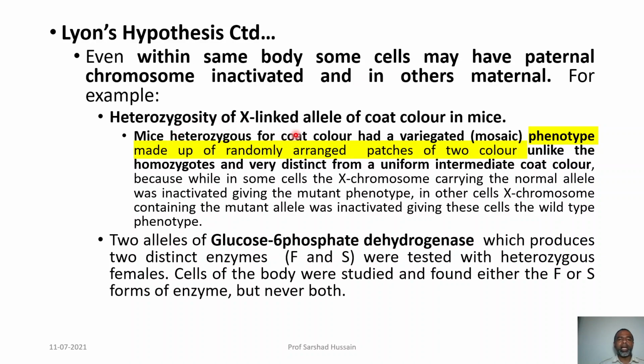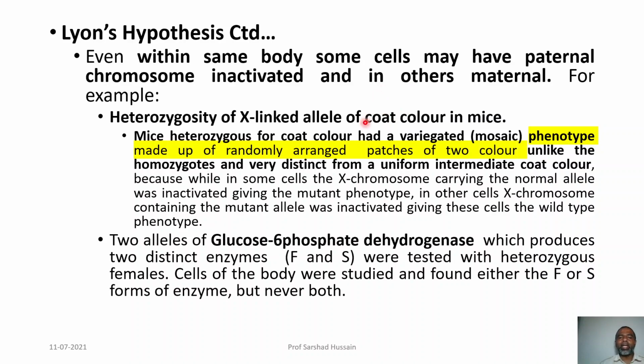So, heterozygosity of the X linked allele of coat color will explain this phenomenon to you. Heterozygous condition means a condition in which both alleles on the homologous pair of X chromosomes are not similar. So, mice heterozygous for coat color had a variegated phenotype. Variegated means mosaic phenotype. Mosaic phenotype means it will have randomly arranged patches of 2 colors, because it is heterozygous. So, one may be the dominant gene, the other may be the recessive gene on the X chromosome.